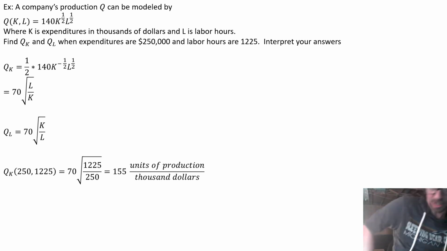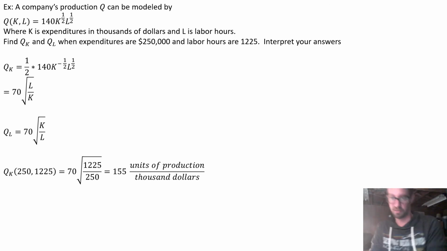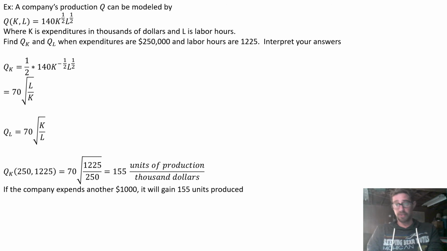The units here: Q is in units of production, whatever this company makes. Gallons of paint, flat screen TVs, who cares? So the rate of change of production with respect to expenditure is 155. So if you spend $1,000, you'll make another 155 flat screen TVs, whatever. So that's the rate of change of production with respect to money spent.